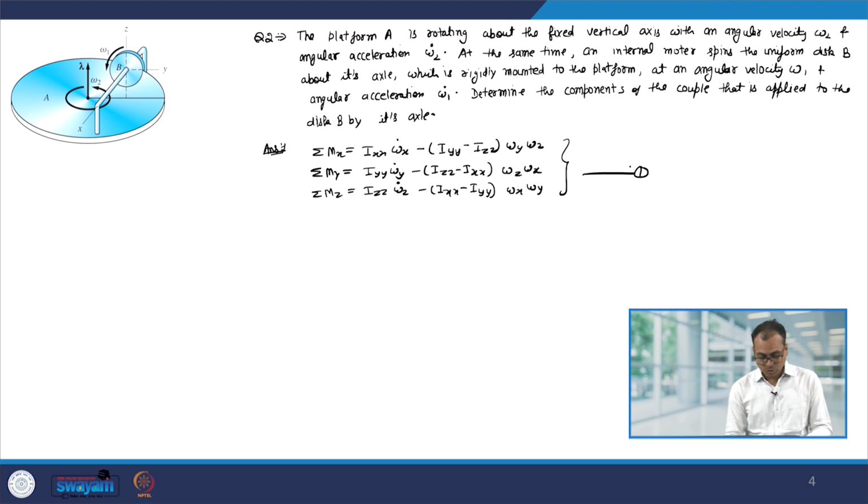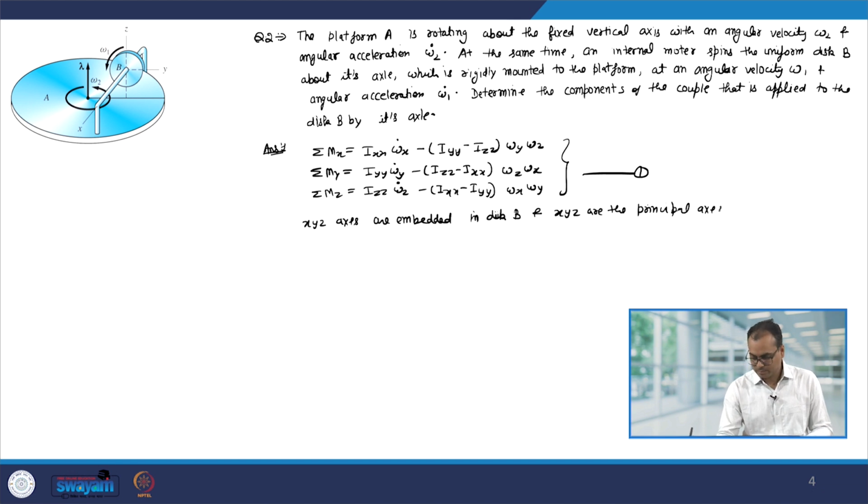Okay. And we can use these equations, as I said, because the small xyz axes are embedded in disk B and are the principal axes. So, to apply these equations, we should know what is omega x dot, omega y dot, omega z dot and so on. So, let us find out these quantities.